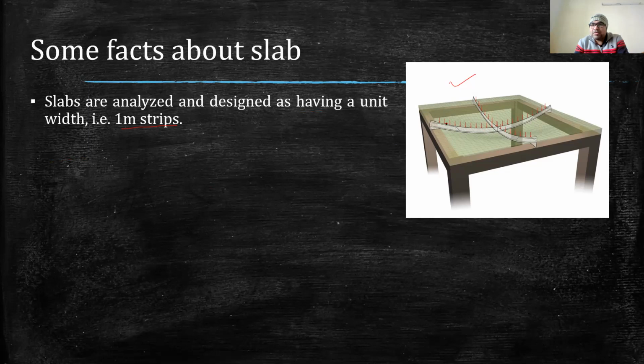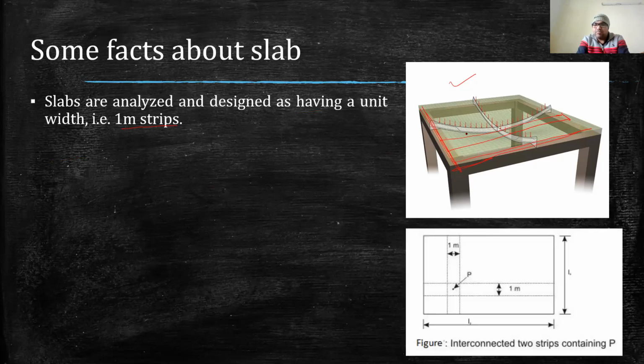So if we design slab along the shorter span, say this is the shorter span and this is the longer span, we can divide the slab into a unit strip, like this strip. And this strip just looks like a beam. So therefore, considering this strip as a beam, we can apply all the design steps that we have used in the beam design, the same steps here also.